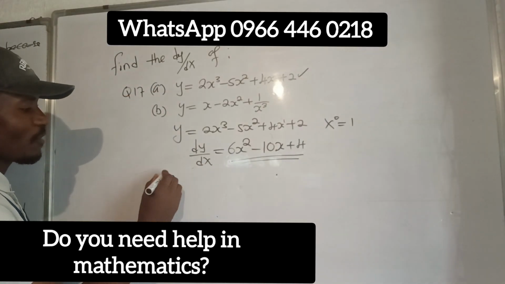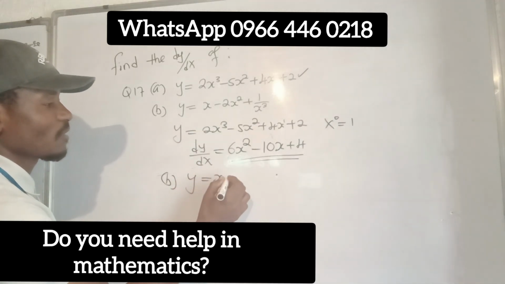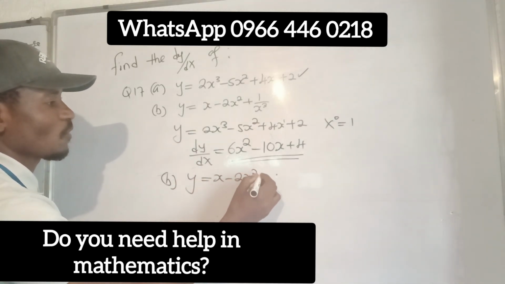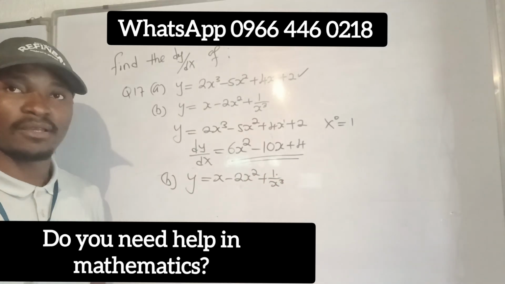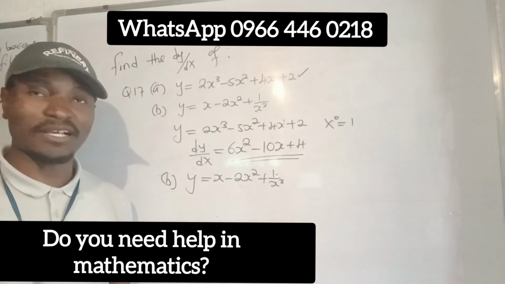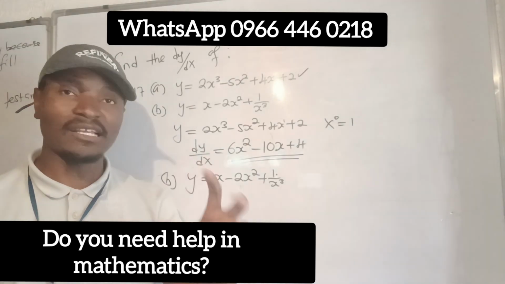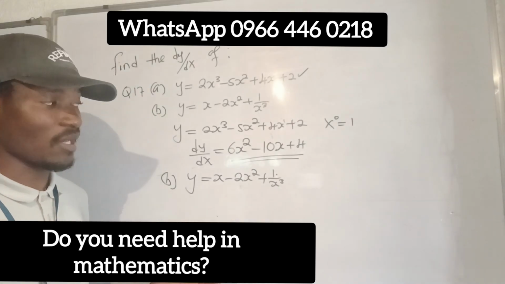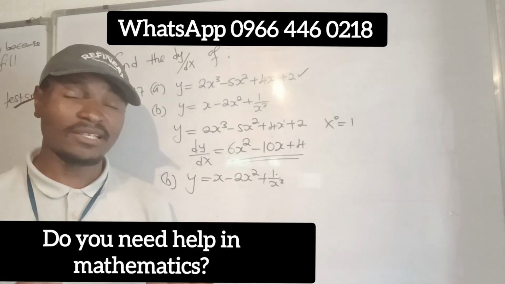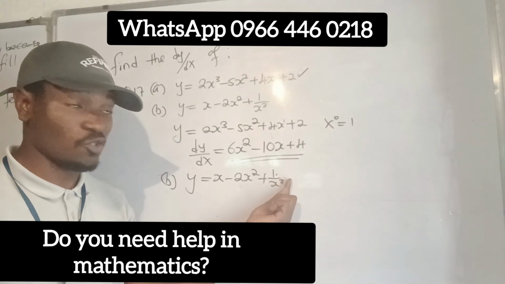And then for B, this one, so we have y equals x minus 2x^2 plus 1 over x^3. Now on this one, what we must understand is that we are not going to go straight into the answer, but what we must do is ask ourselves, because this one is a bit unique, because we have 1 over x^3.